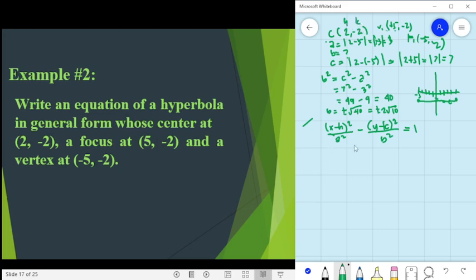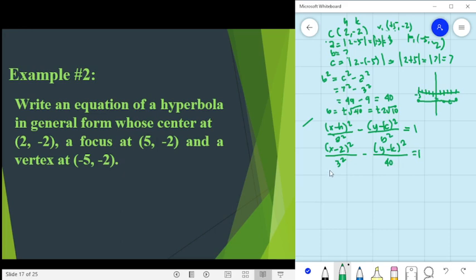Substituting into the formula, we now have x minus 2 squared over, what's your a? We have 3 squared. A squared, right? Minus quantity y minus k squared over b squared. We already have b squared, which is 40. You can copy it, or the square root of 40 squared, equals 1.